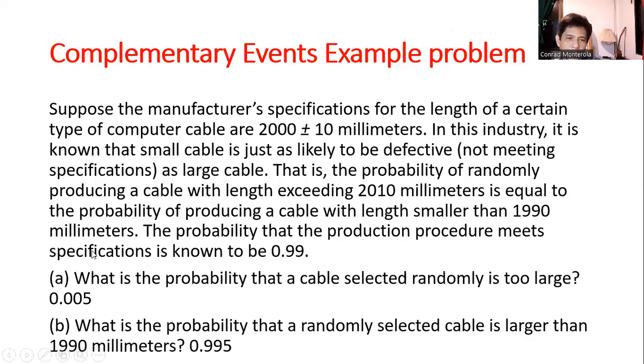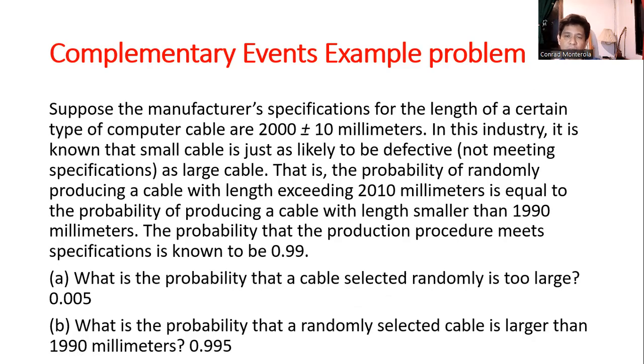I guess this is the last problem. Ano? Suppose that manufacturer's specification for the length of a certain type of computer cable are 2,000 plus or minus 10 millimeters. So in this industry, it is known that a small cable is just as likely to be defective, not meeting specification as large cable. So parehas yung probability na mas malaki siya sa 2010 at saka yung mas maliit siya sa 1990.